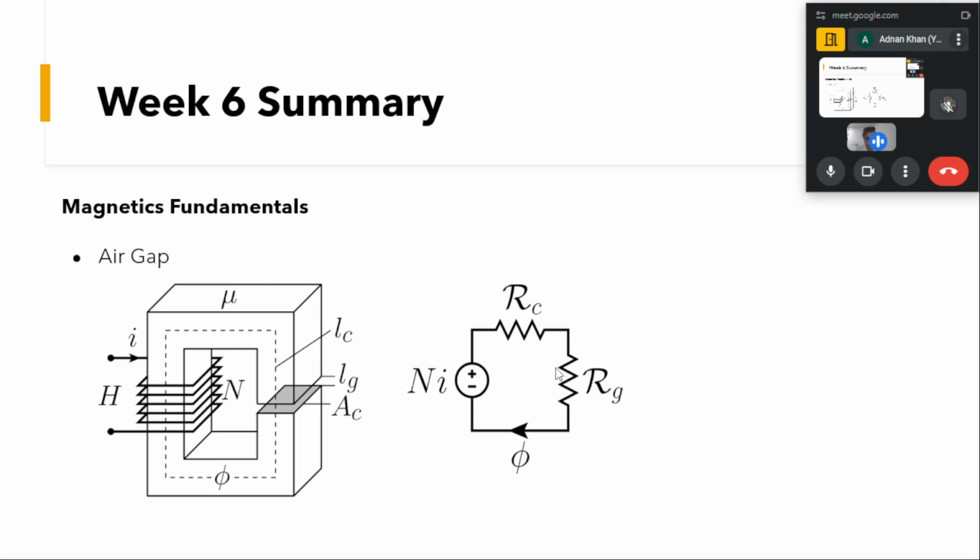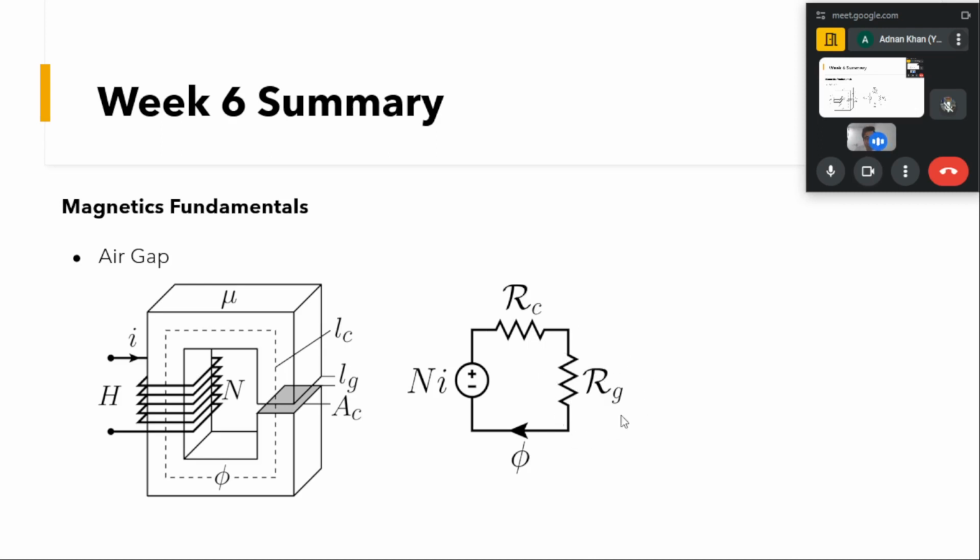And what we know is that the permeability of this core is very high compared to the air gap, so the core reluctance will be very small compared to the air gap.